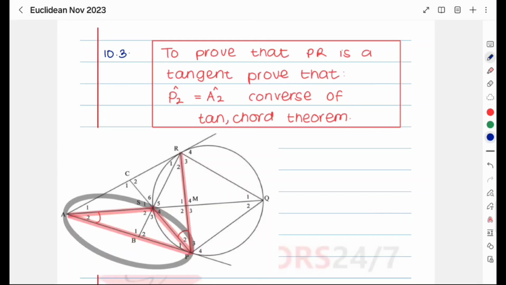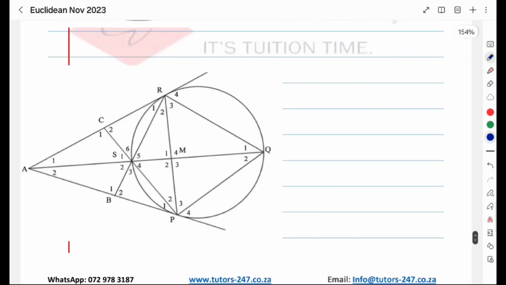I'm going to start by looking for P2. When I'm done with P2, we will then look for A2 and then find some way to connect them. So what is P2 equal to? Please take note that the chord SR subtends the angle P2 and the angle Q1 at the circumference.